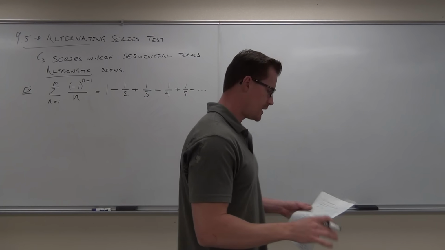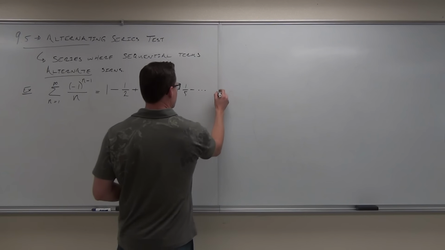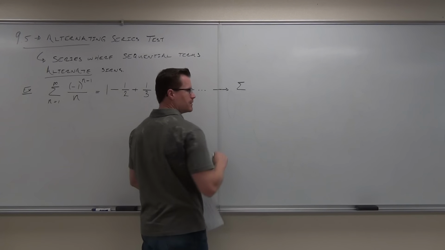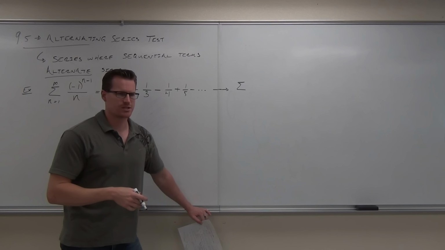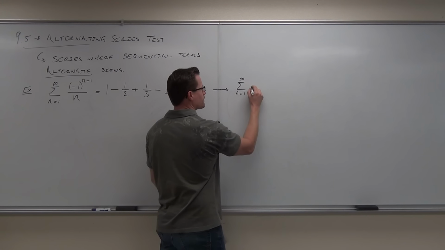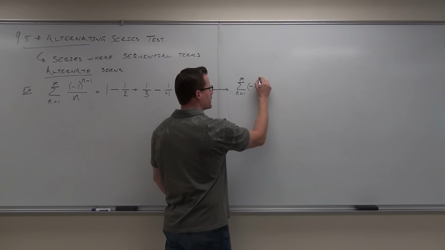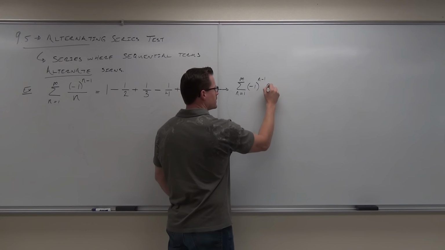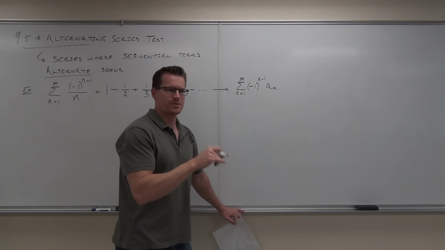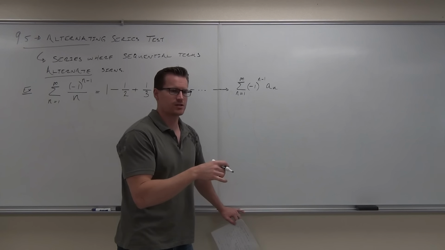Now, what's quite interesting is that any of these alternating series that do this can always be written as negative 1 to the n minus 1 times some other series where the a sub n is something that is always positive.